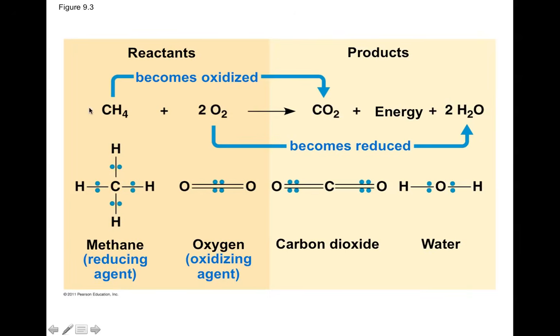So if we burn methane, what happens? We get carbon dioxide, we release some energy, and we also get some molecules of water out of this. And we see that the electrons have not necessarily gone away. All of these molecules have filled valence shells, and they're all at bonding capacity. But what's happened? In carbon dioxide, those two oxygen atoms are now sharing pairs of electrons with a carbon atom. But now that the oxygen is sharing with that carbon atom, it's saying, yay, I get to pull those electrons away from the carbon.